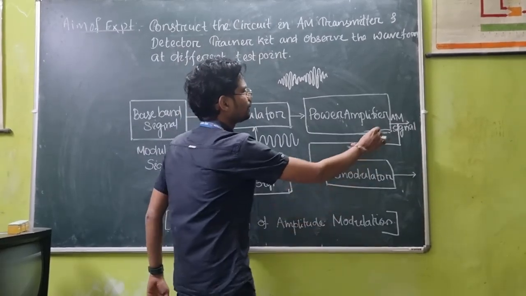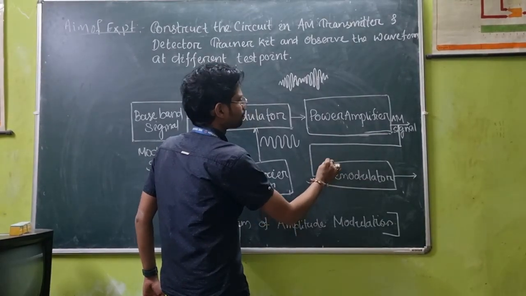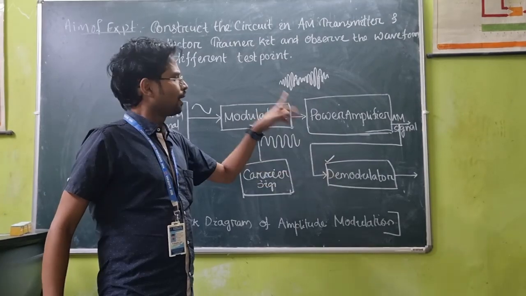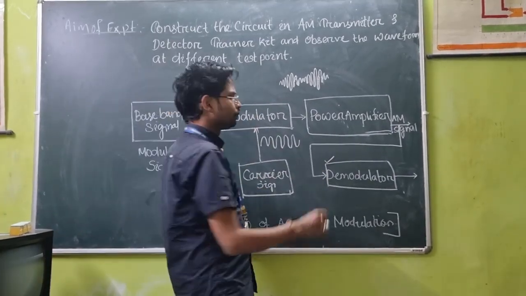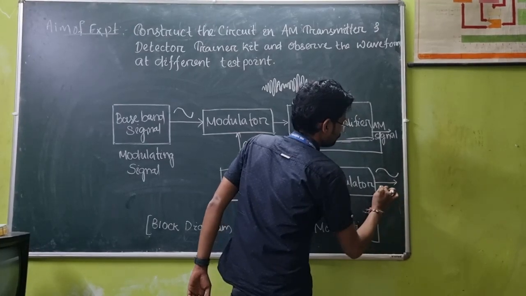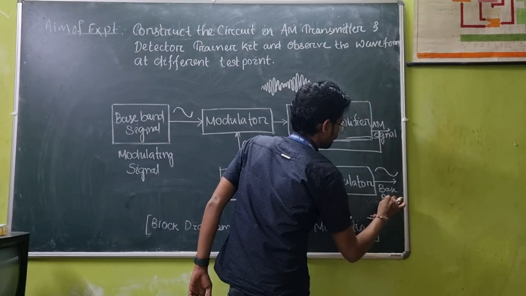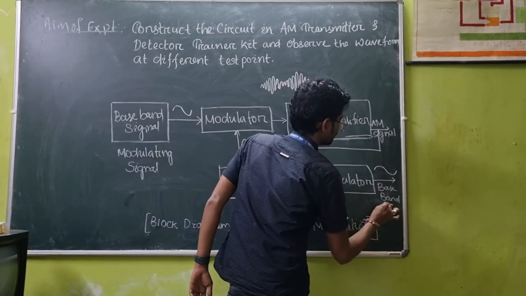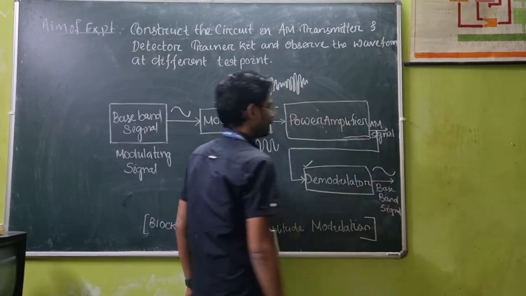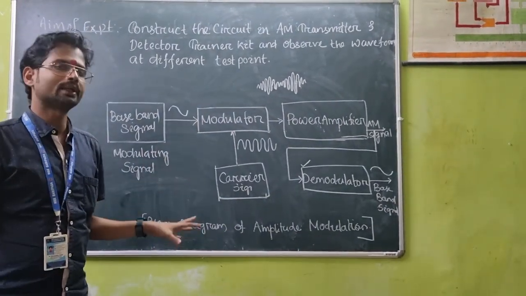So here we have given the AM signal as the input of the demodulator circuit, and after demodulation we will get the baseband signal, the information signal or the modulating signal.